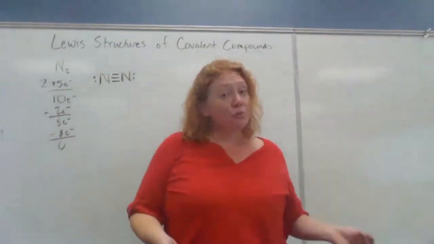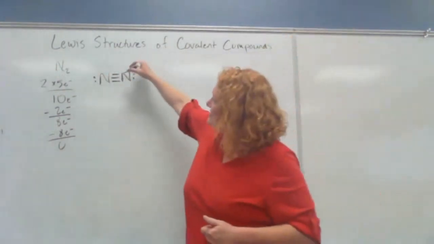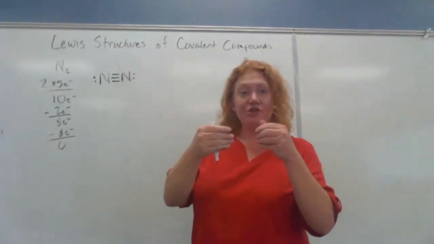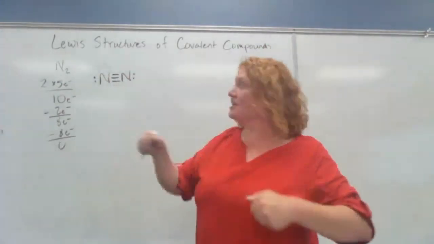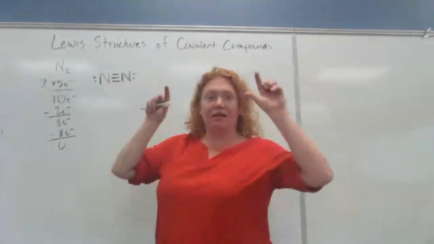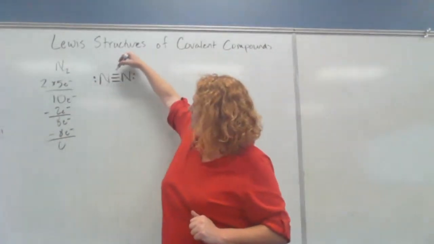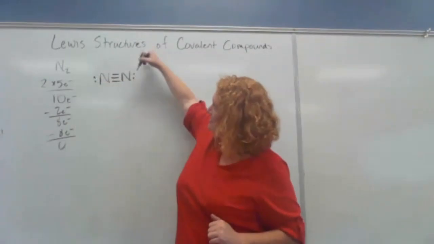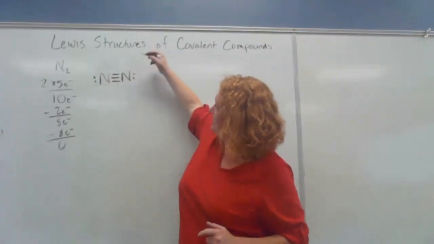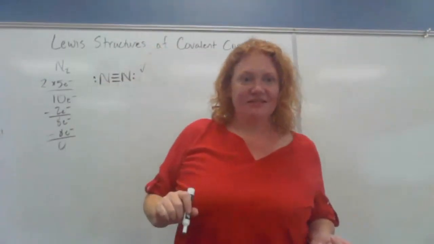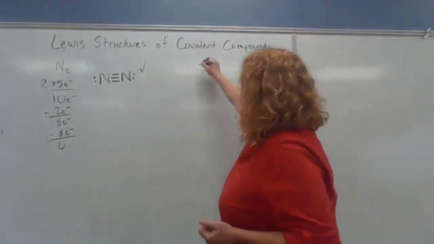That is called a triple covalent bond. There are 6 electrons total shared between the 2 nitrogen atoms, and then each nitrogen has a lone pair. Check the octet rule. 2, 4, 6, 8. Yes. 2, 4, 6, 8. Yes. Okay.